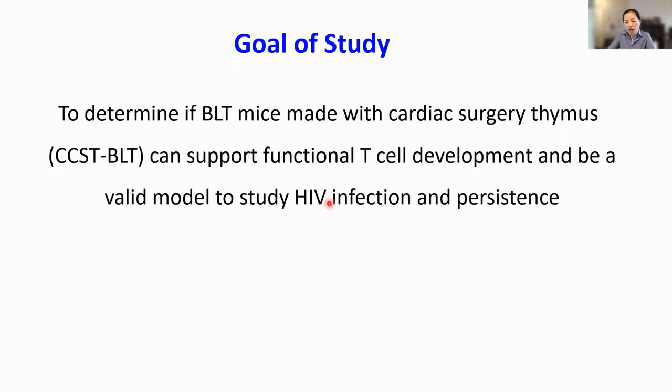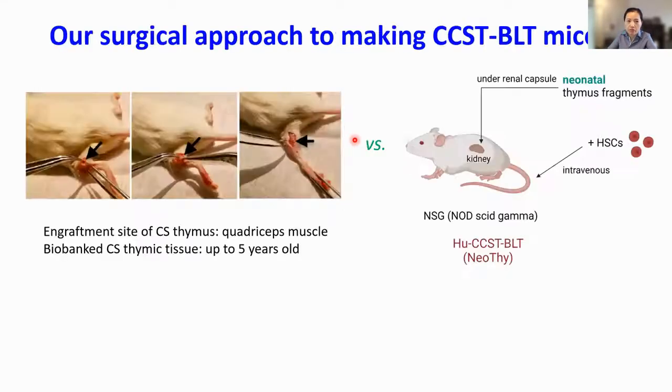So the goal of this study was to determine if BLT mice made with cardiac surgery thymus can support functional T-cell development and be a valid model to study HIV infection and persistence. For the purpose of this talk, I will refer to BLT mice made with cardiac surgery thymus as CCST, and BLT mice made with fetal thymus as BLT.